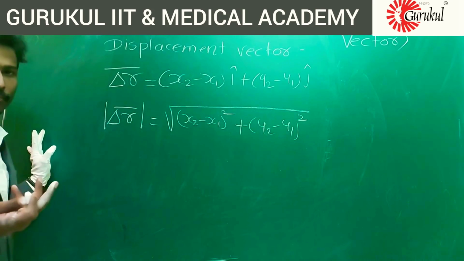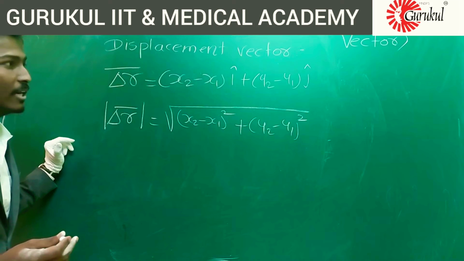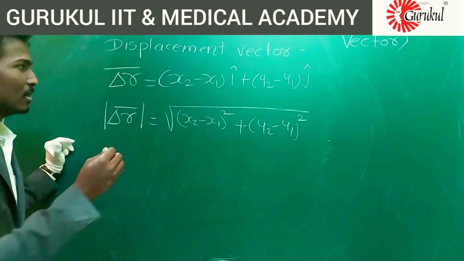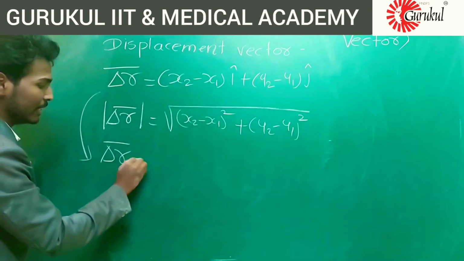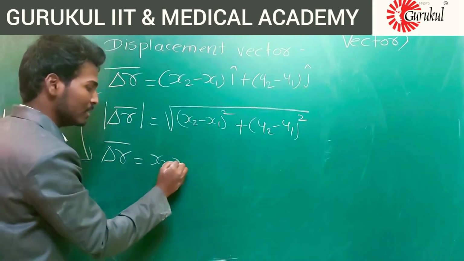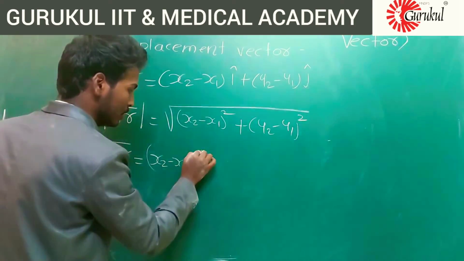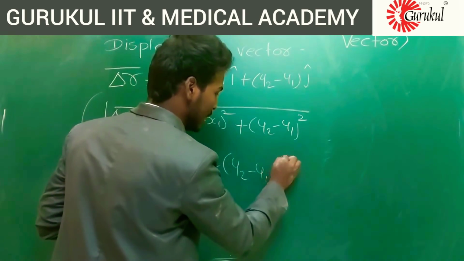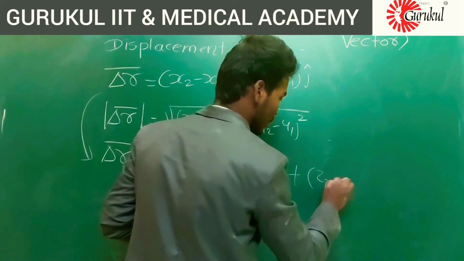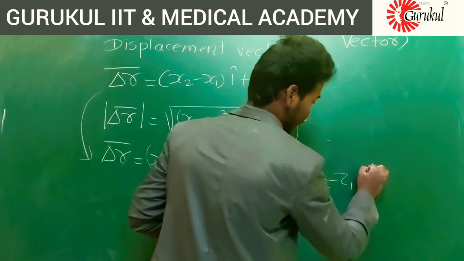If we have three-dimensional space in which our object is moving, at that time we give the displacement vector as (x2 minus x1) i cap plus (y2 minus y1) j cap plus (z2 minus z1) k cap.